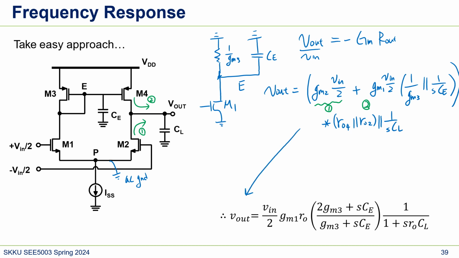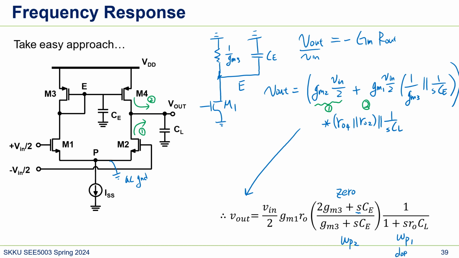Now what we see here is one zero, right? Because it has S, and then pole 1 and pole 2. Let's say this one has pole 1 and this one has pole 2, because this is the dominant pole.